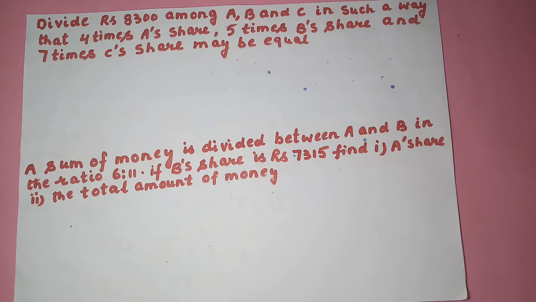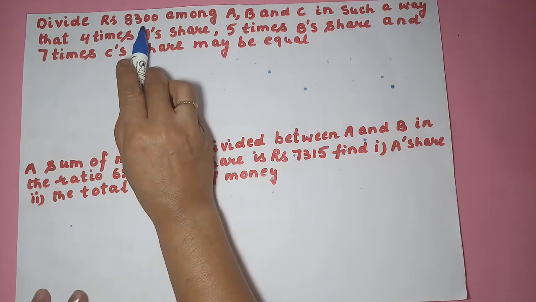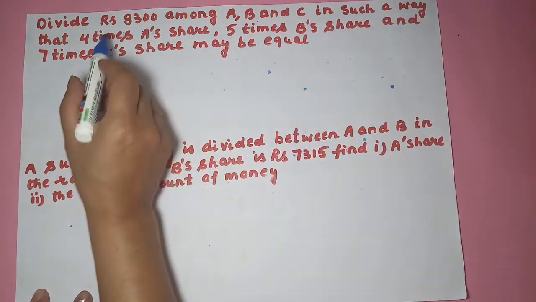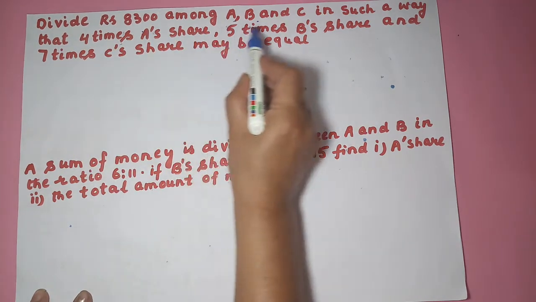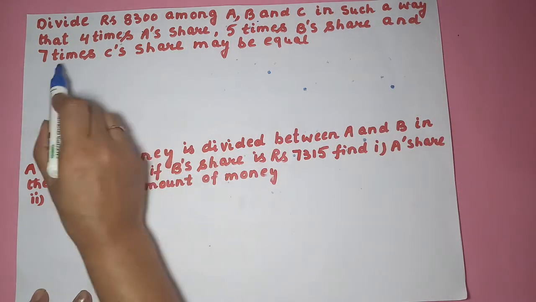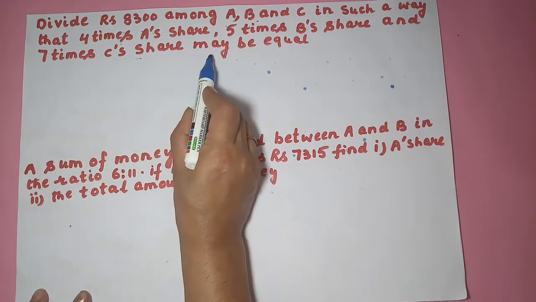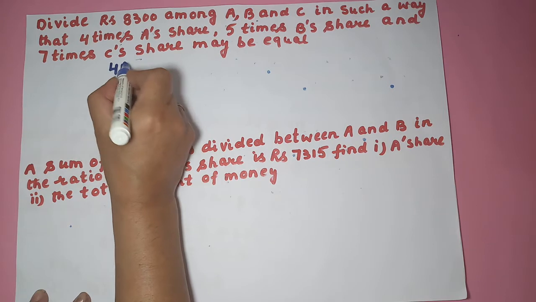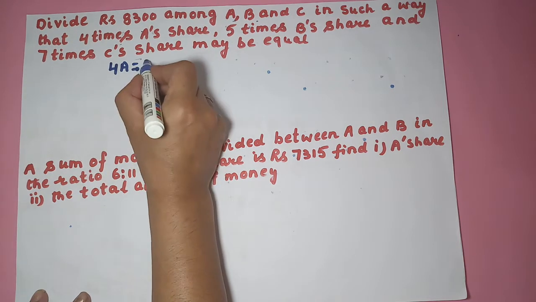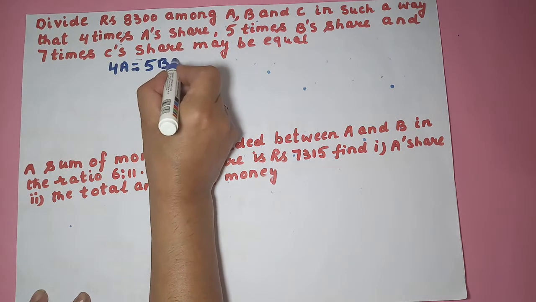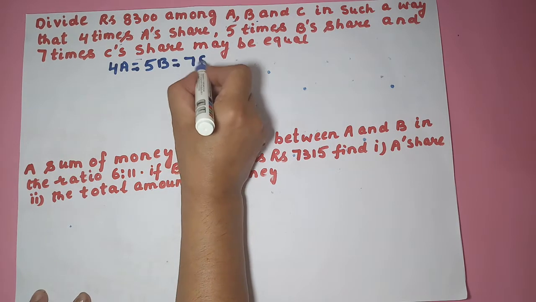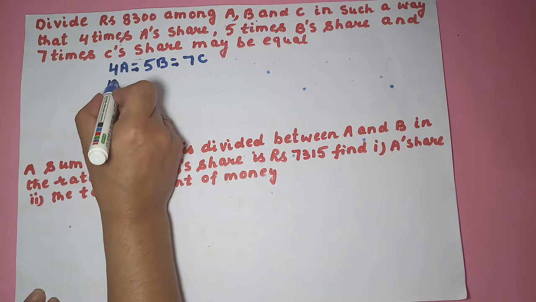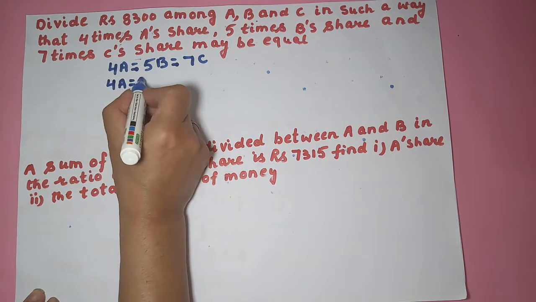Now, in this question, we have to divide 8300 among A, B and C in such a way that 4 times A's share, 5 times B's share and 7 times C's share may be equal. What does that mean? Does it mean that 4A is equal to 5B is equal to 7C? Right? Now, we can compare the first two, 4A equal to 5B.